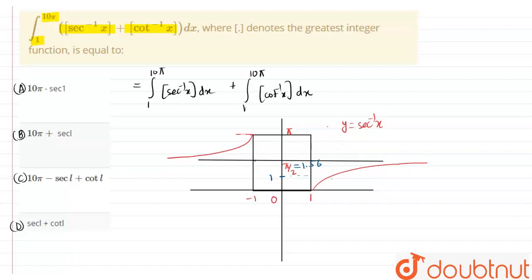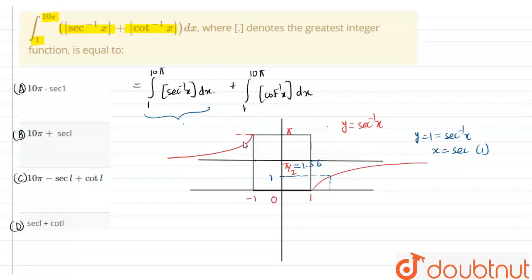So the 1 comes out to be somewhere here. Alright. So y equals 1 equals sec inverse x. So x turns out to be sec inverse of sec of 1. Alright. Sec of 1.